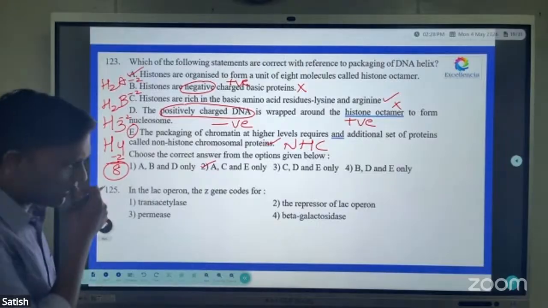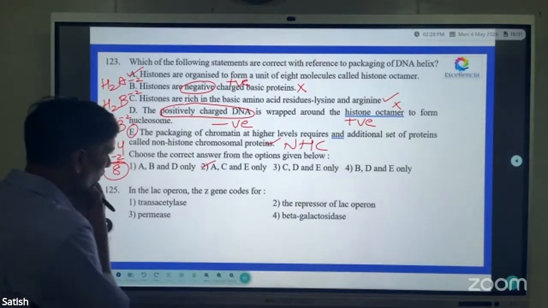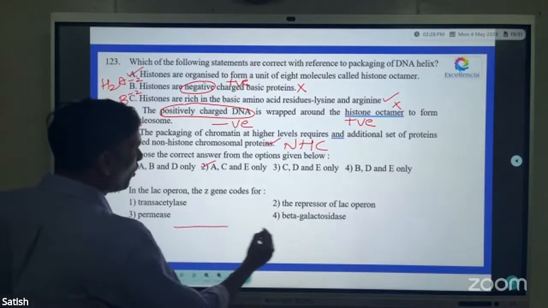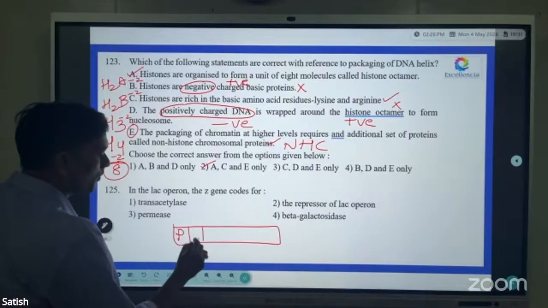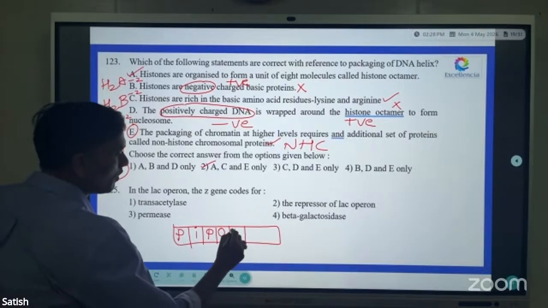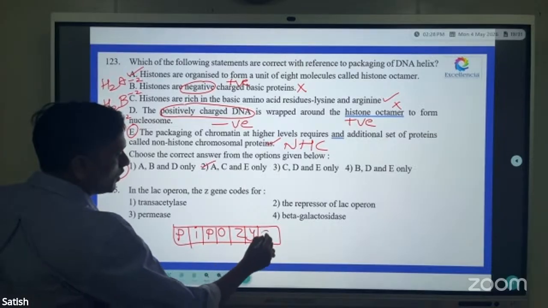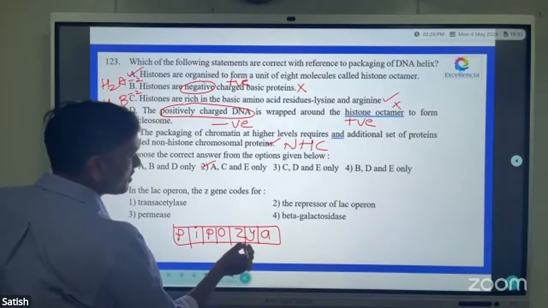Next one, 125. It is also related to molecular basis of inheritance. So the question is related to the lac operon. So if you see the lac operon, they are asking the question related to these structural genes.